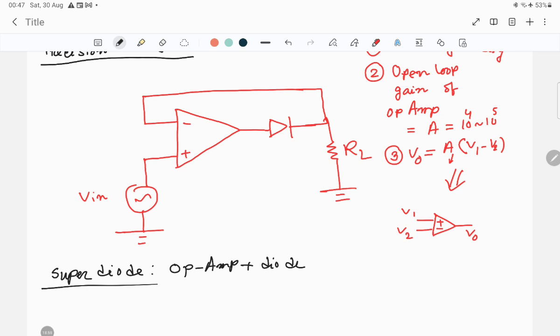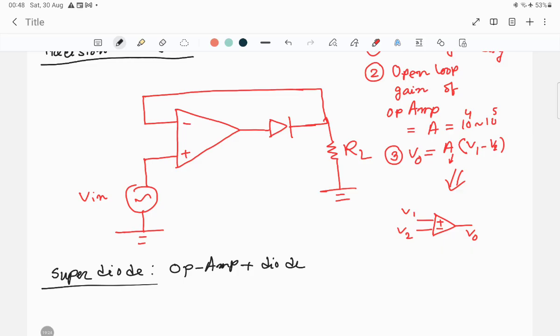Because in the diode concept, we already know there will be some voltage drop due to the threshold voltage. But when we utilize this diode with an op-amp, there will be no voltage drop across the diode. That's the beauty of this precision rectifier.